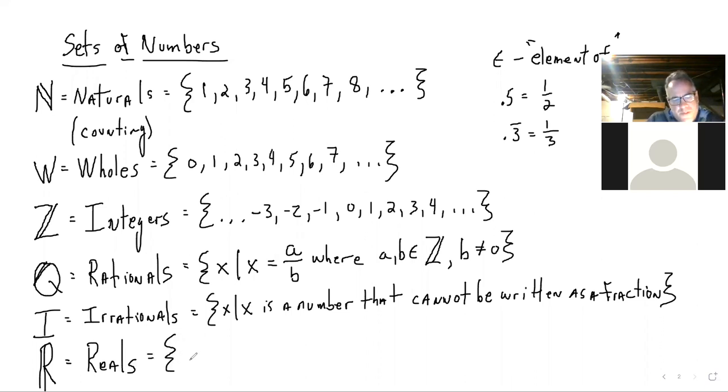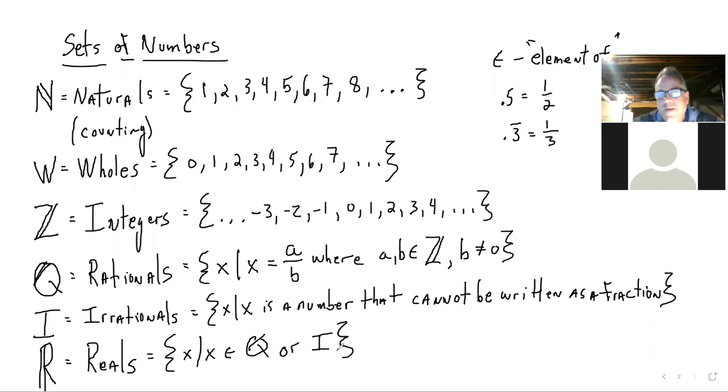In the reals, we'll go X such that X is an element of the rationals or the irrationals.